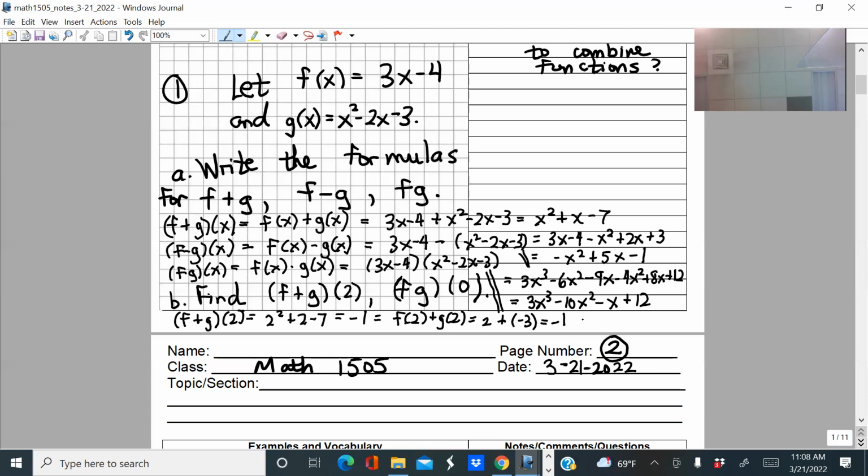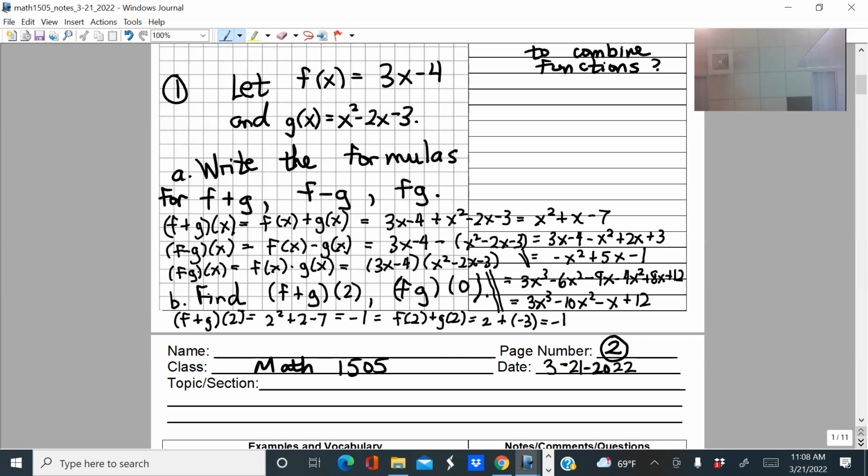So if you didn't want to bother with finding the full formula for f plus g when you were evaluating f plus g of 2, you could just plug the 2 into f and g separately, add those together, and you're going to get the same result. Let's see. So what about f times g of 0?